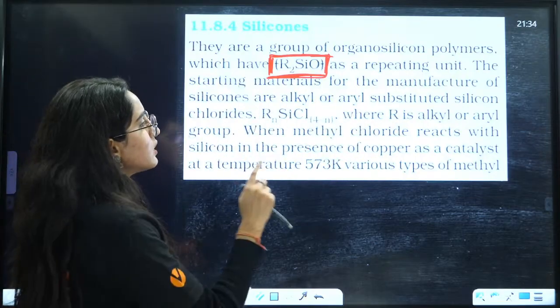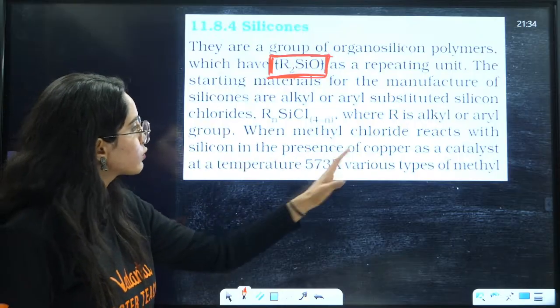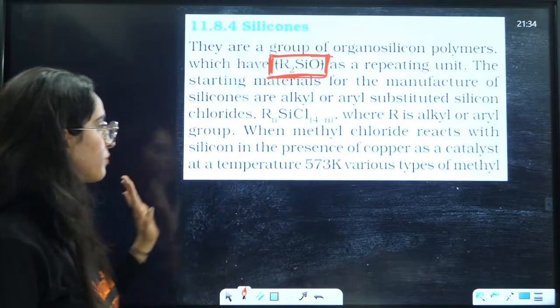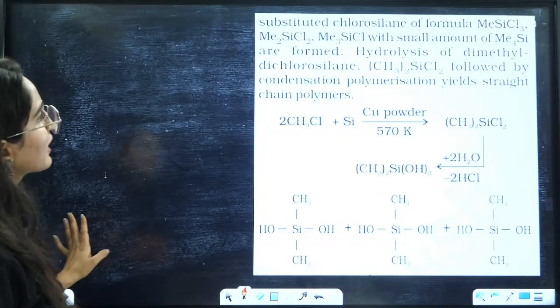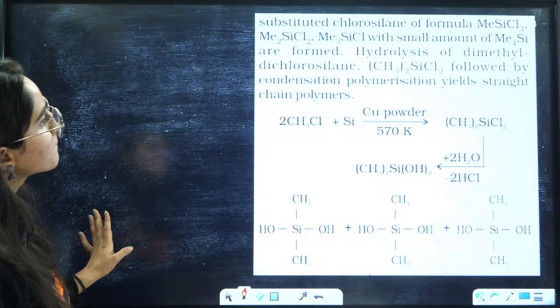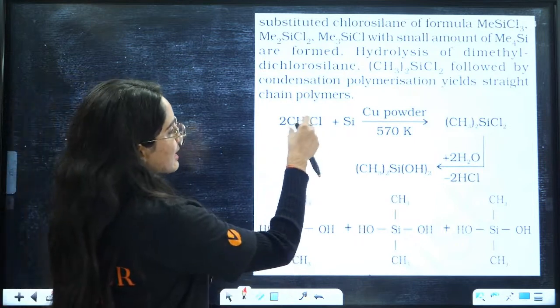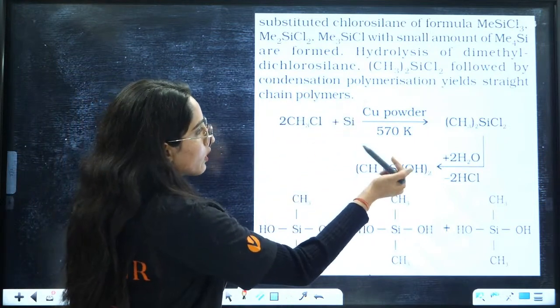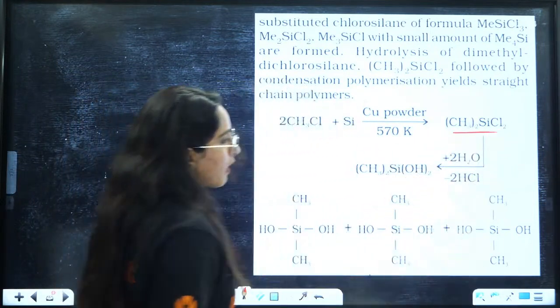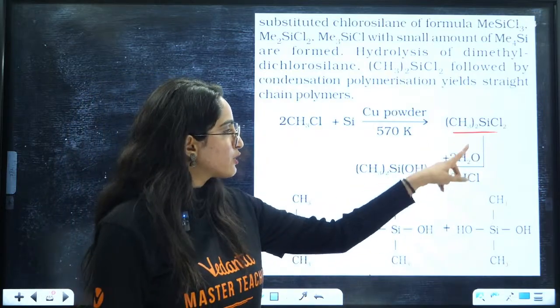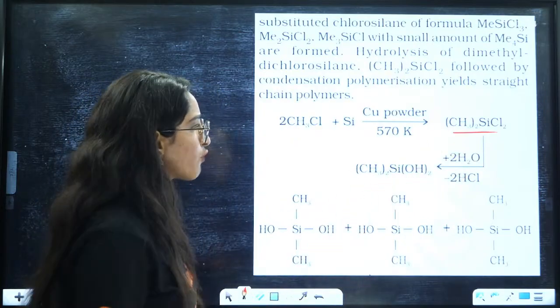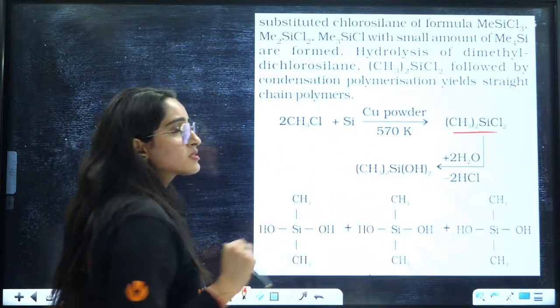You don't have to remember the reactions, just go through them once. Further hydrolysis forms the silicones.